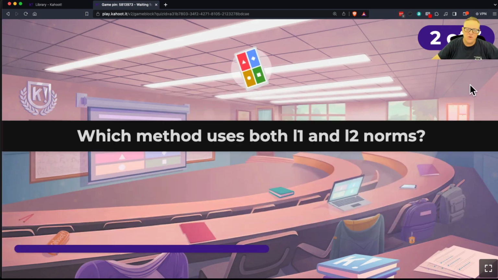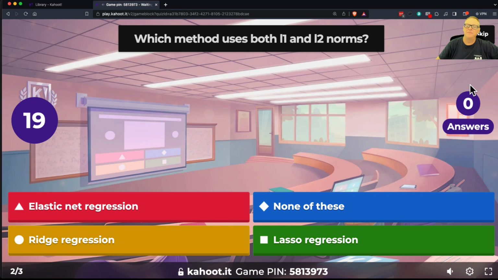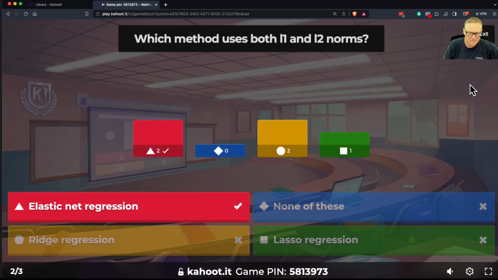All right, which method uses L1 and L2 norms? That's elastic net regression. It uses both kinds of moderation. Both the absolute value of the parameters and the square of the parameters are added to cause it to favor lower parameter values.